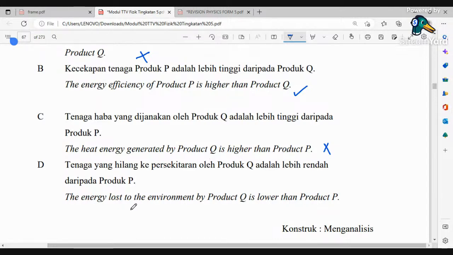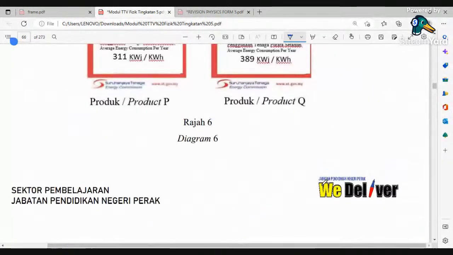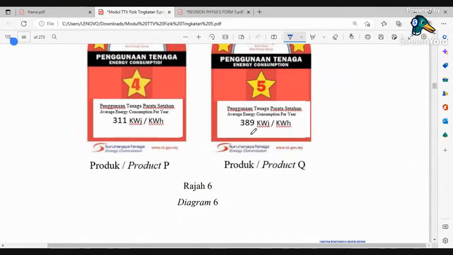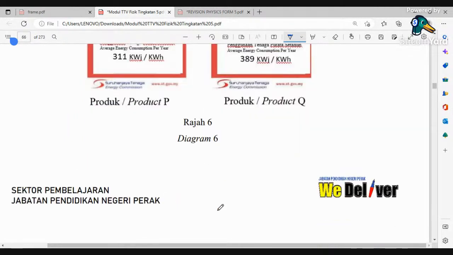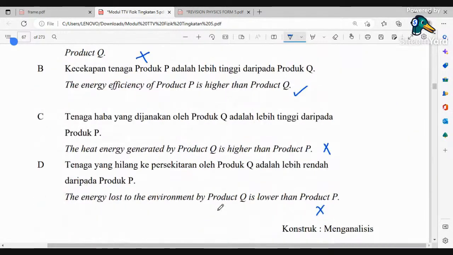D, energy loss to environment by Q is lower. Dia hasilkan energy loss lebih banyak sebab tu dia consume more energy for same output. Jadi kalau output dia sama, efficiency untuk P lebih, maksudnya jawapan ialah B.